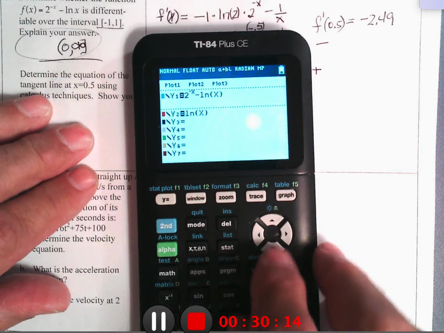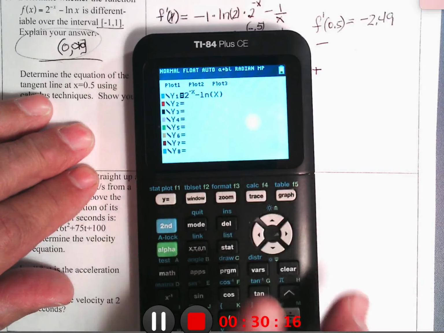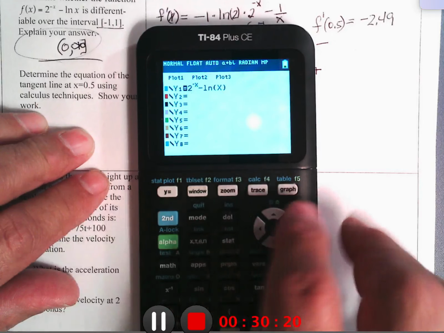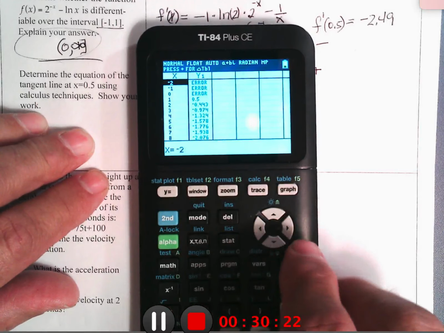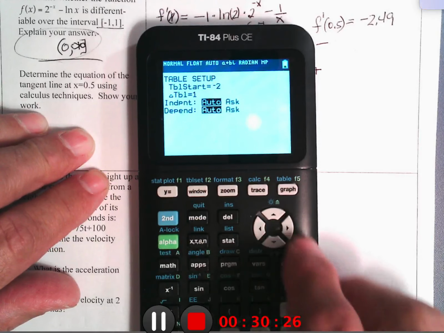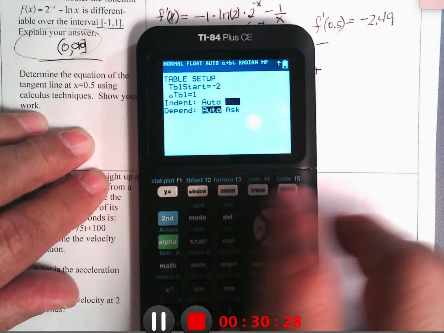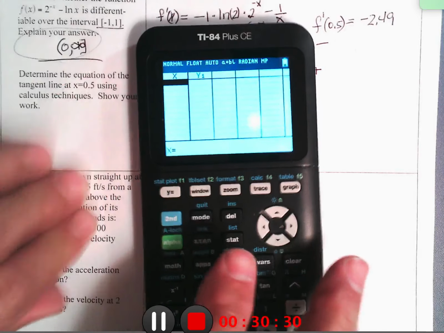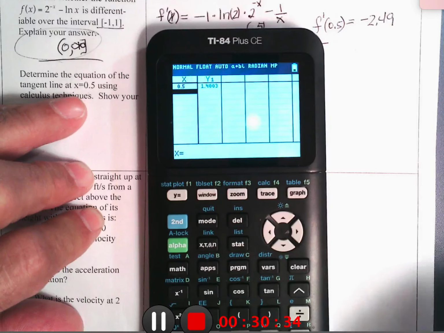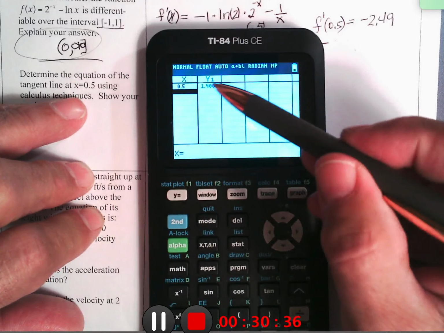Let's just get rid of that one. And go to table. I could just plug, let's see, table set, go to ask, check the table, and put in, we got to find it at 0.5, and it's 1.4003.